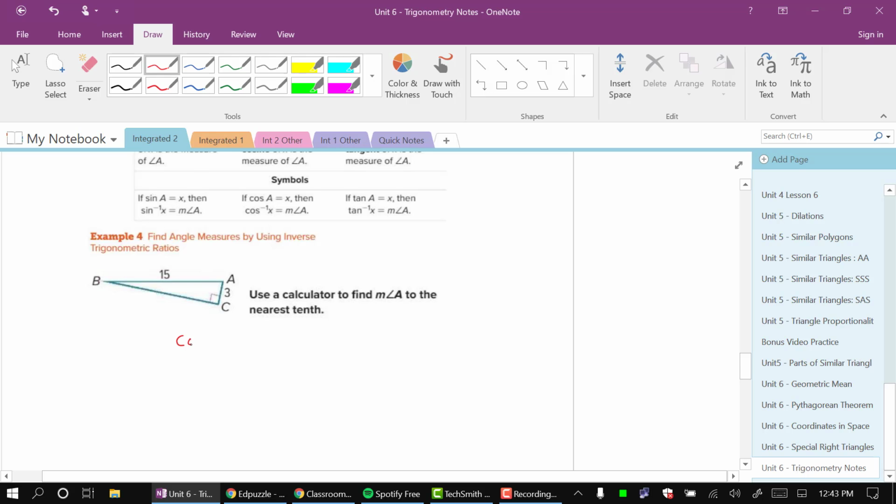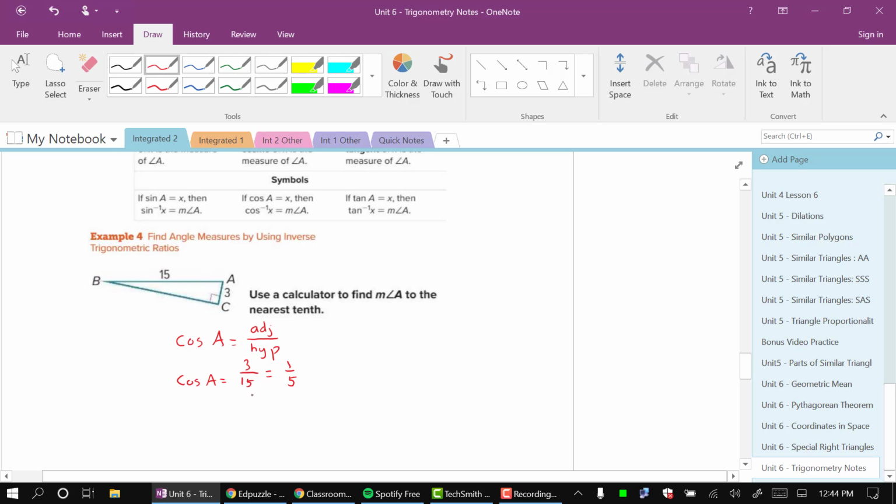Cosine of A equals adjacent over hypotenuse. So plug in what we have. Cosine of A equals adjacent is 3 over hypotenuse is 15. Well, this can reduce down to 1/5.